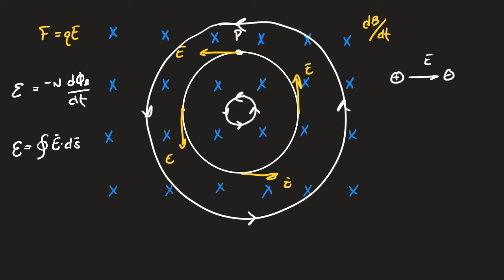And these must be equal, which produces... now this is how you calculate the electric field from a changing magnetic field.